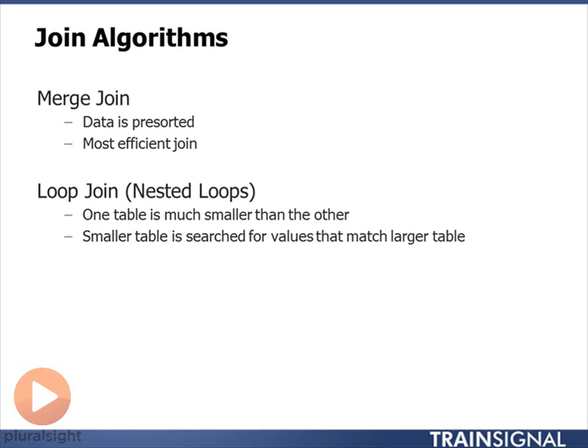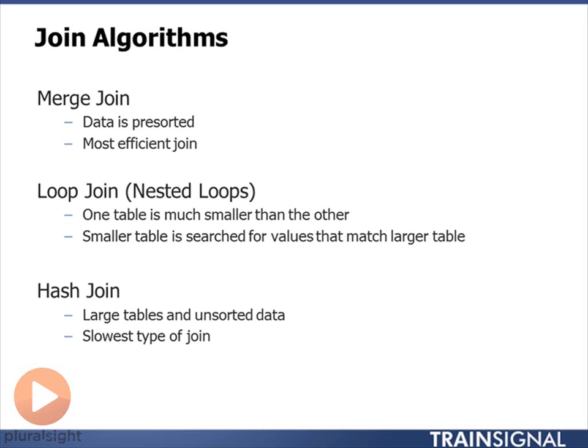A loop join is going to be slower than a merge join, but again, not necessarily going to be an indication of bad performance. And then finally, last but not least, is a hash join. A hash join is going to be used when we have large tables and those tables have unsorted data. Now again, a hash join is going to be the slowest type of join, but just because you see it doesn't necessarily mean that that's bad.